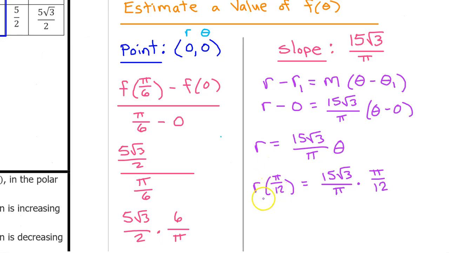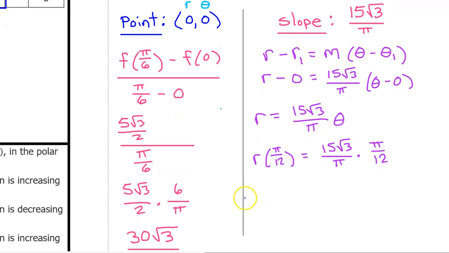We just need to evaluate r at pi over 12. Substituting pi over 12 for theta, we have 15 radical 3 over pi times pi over 12. The pi's cancel each other out, and we have r at pi over 12 is equal to 15 radical 3 over 12. Let's use the calculator to come up with a decimal approximation.